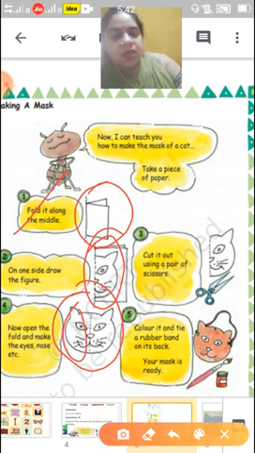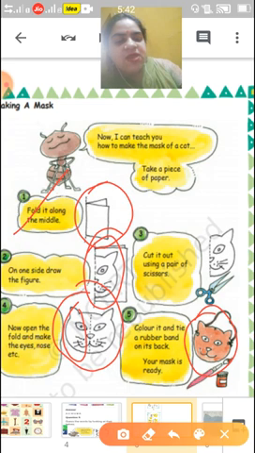Okay children. Now cut it out using a pair of scissors. You have to cut it in the shape of that cat. Now color it. Color like this, the cat face, and a rubber band on its back like this.